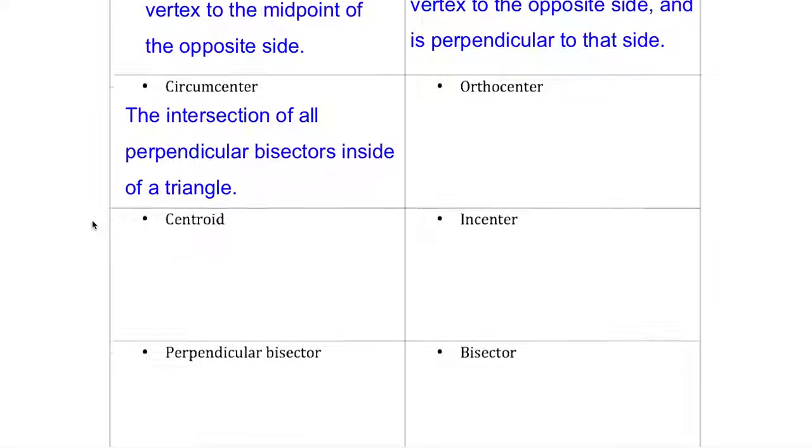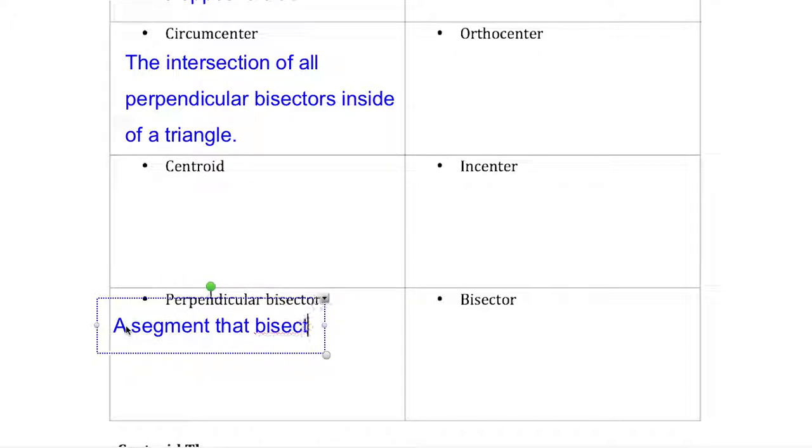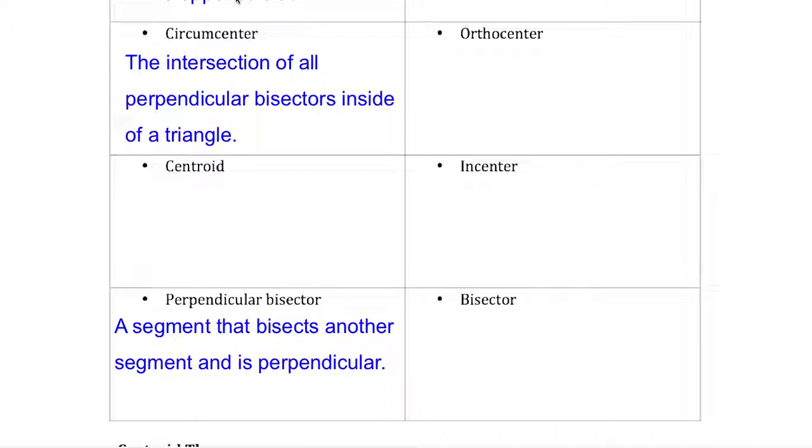What's a perpendicular bisector? So a perpendicular bisector is a segment that bisects another segment, we can call it a line. So a segment that bisects another segment and is perpendicular. It's a good way to write it.